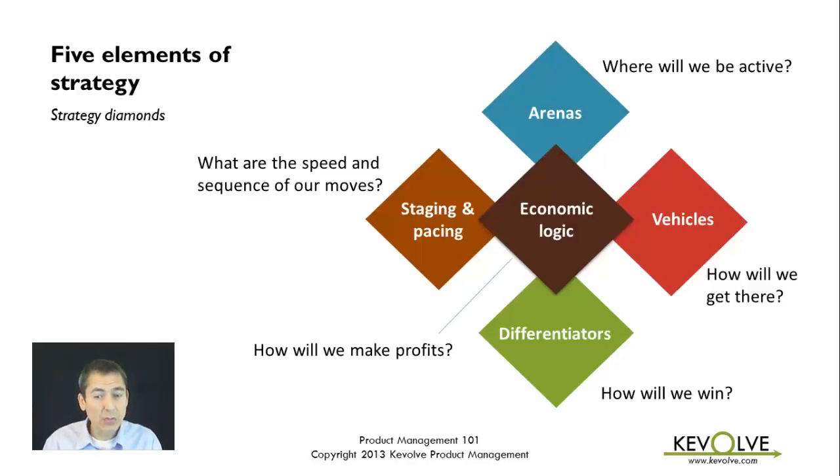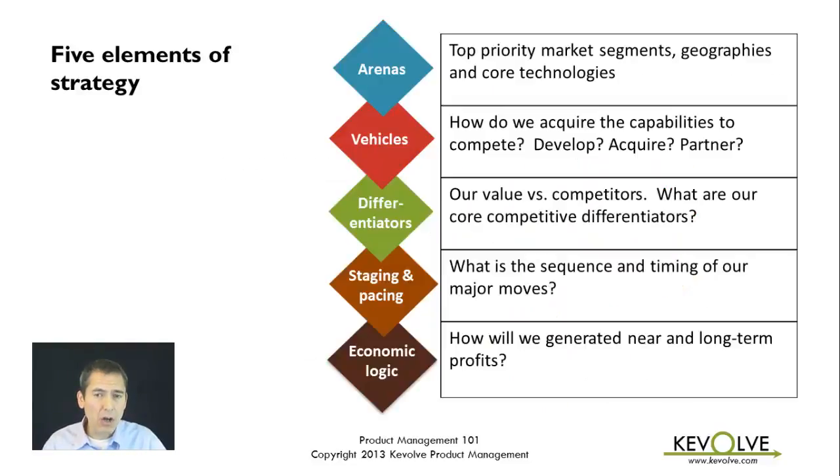The differentiators: what's going to allow you to win? What makes you better than your competitors? Economic logic: how will you make money? And staging and pacing: what is the timing, speed, and sequence of the market moves that you're going to make? Those are the 5 elements of strategy. As you're developing your strategy for your product group, you can think about all of these different elements, and let's talk about them in a little more depth.